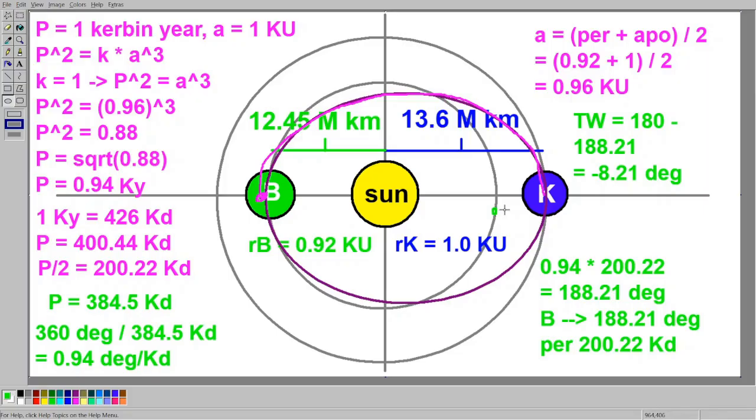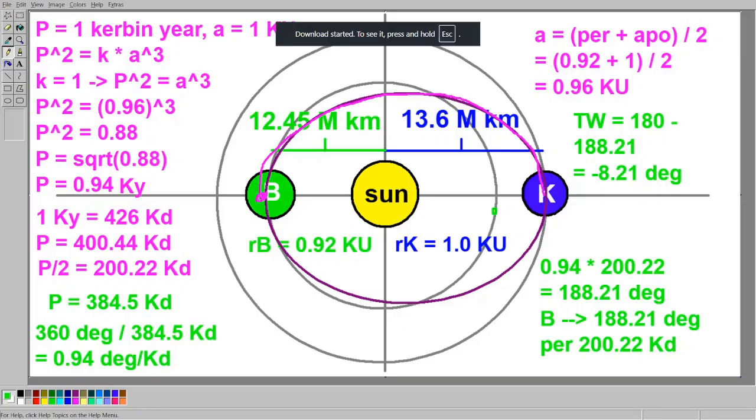I don't know if YouTube's gonna be able to show you that, but this is where Bill Kerman should be relative to Kerbin's orbit around the sun. Yeah, so this is where Bill should be.